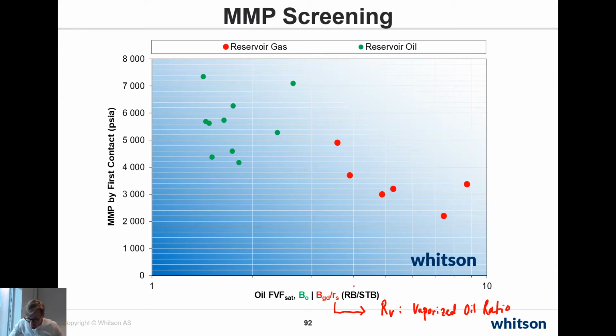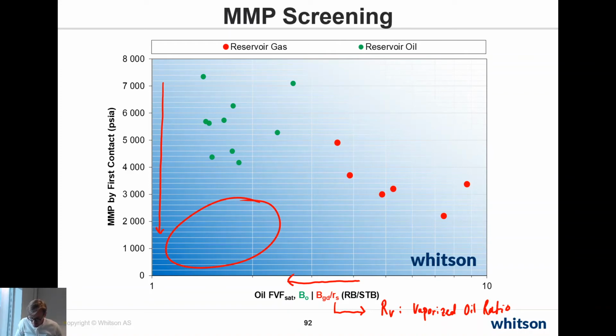So this ratio gives you reservoir barrels per stock tank barrel, which is better when we go down on the axis to the left. The lower this number is, the better. And the same goes for MMP by first contact, that we should go down here. So the more we go down in this region, the better.